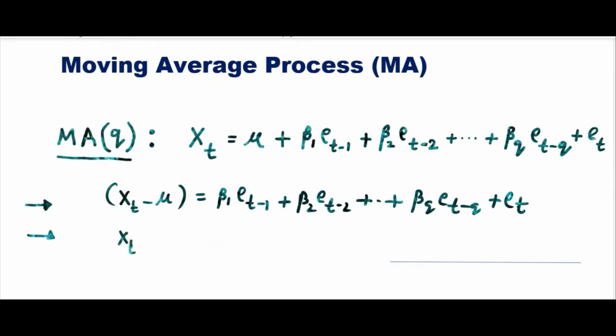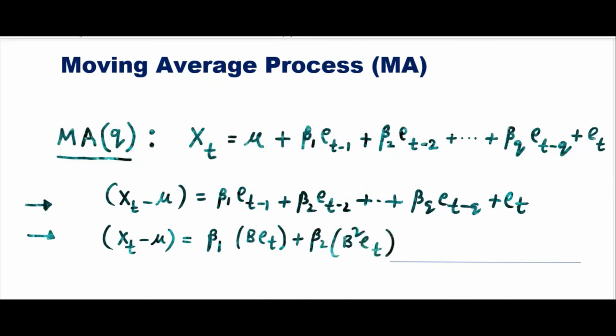Xt minus mu, I can write this is equal to beta 1 b et, where b et is et minus 1. Then b square et, using the symbol we know already, and this will be equal to bq et plus et.